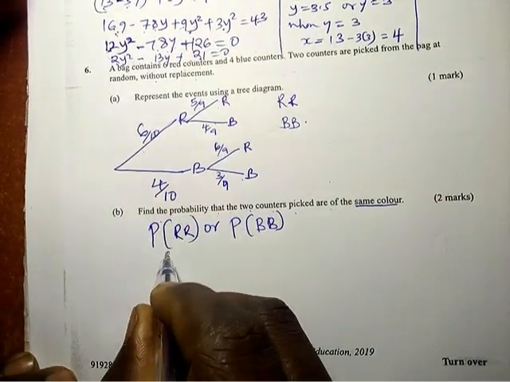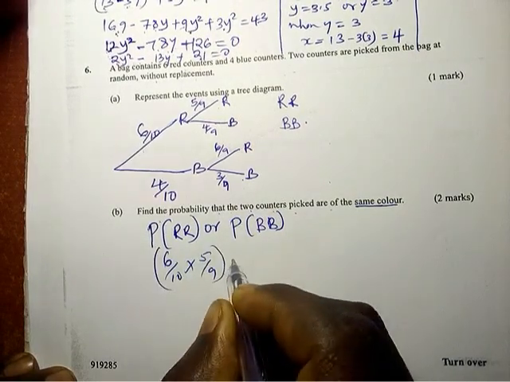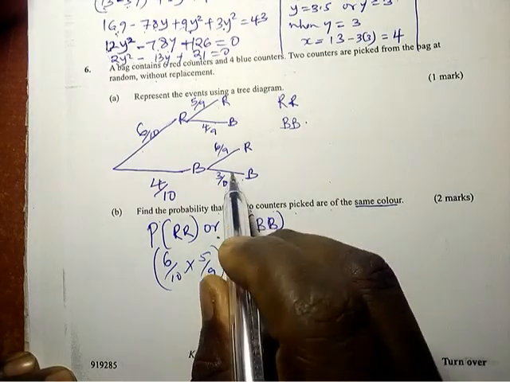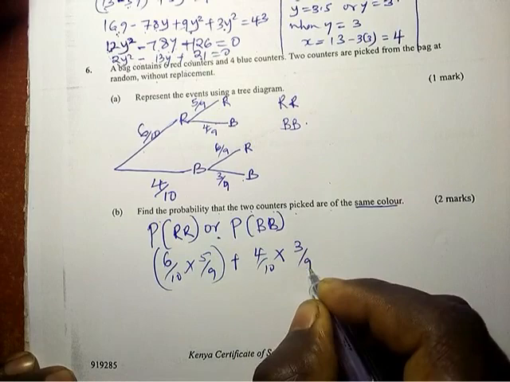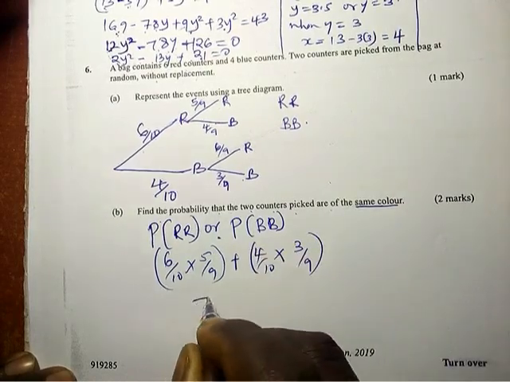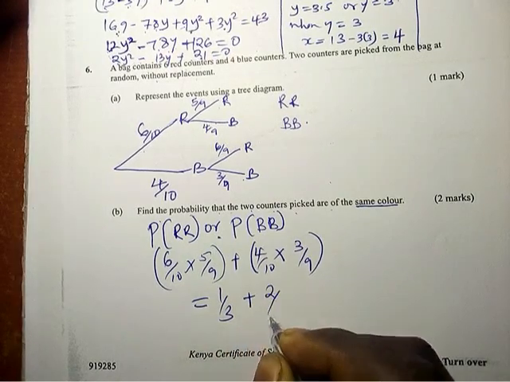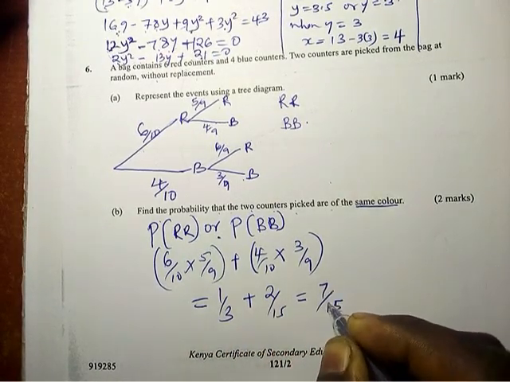And that one is 6/10 times 5/9, plus, or means plus, 4/10 times 3/9. And this one is 1/3 plus 2/15, which is 7/15.